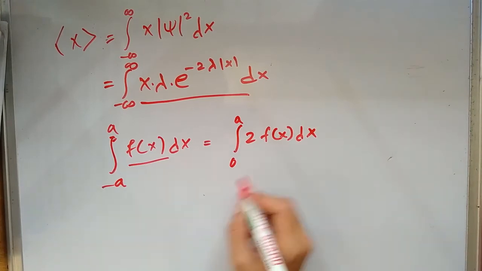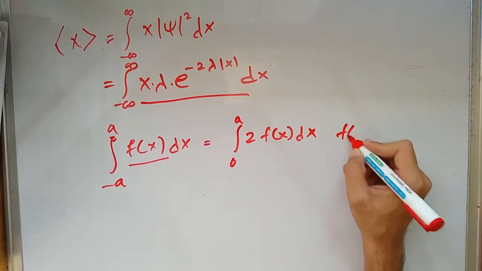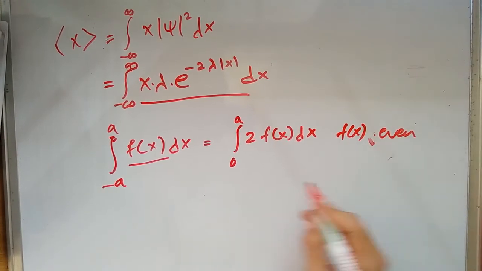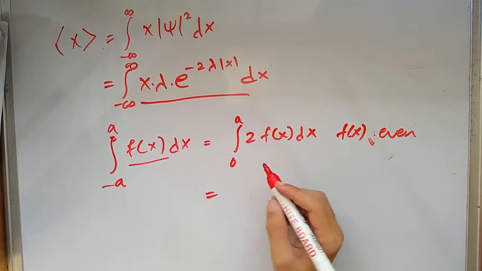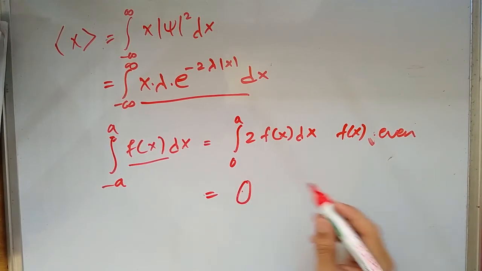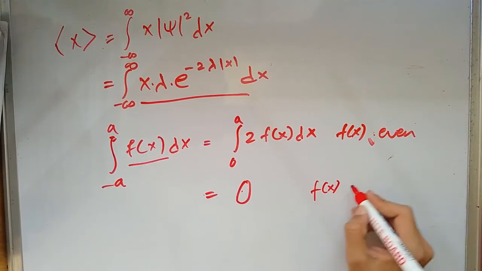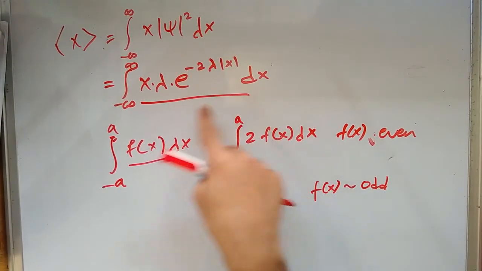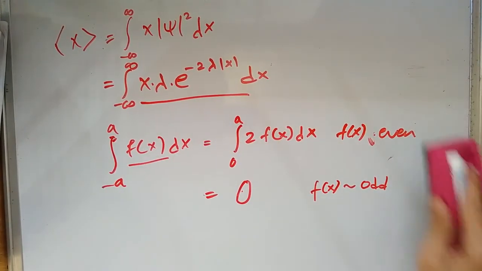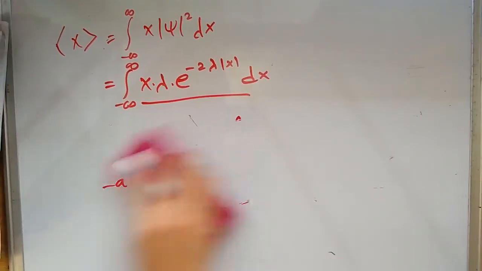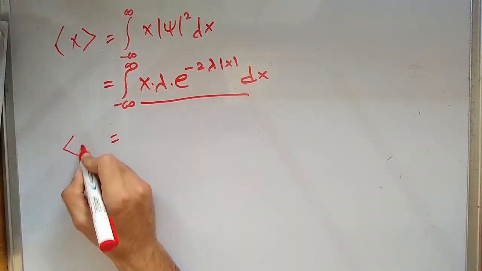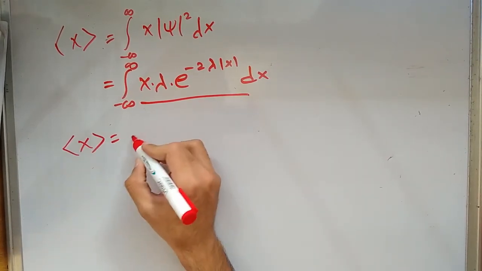If f of x is odd, the integration directly becomes 0. So here in our example the function is an odd function, so we will directly write the value of the expectation value of finding x as 0.